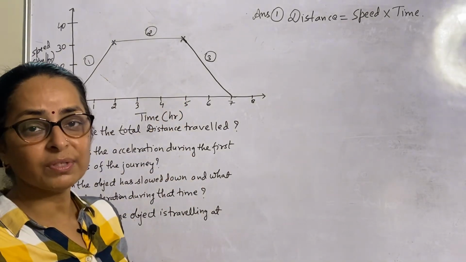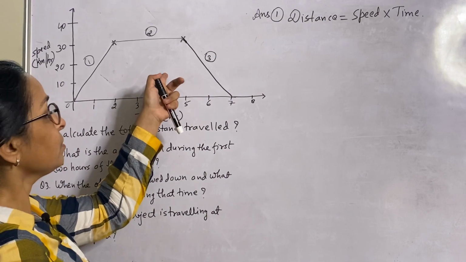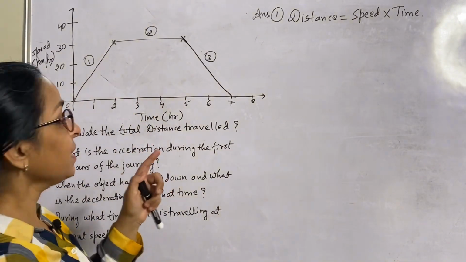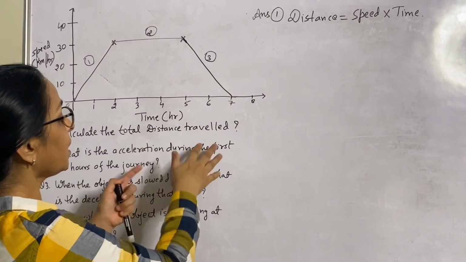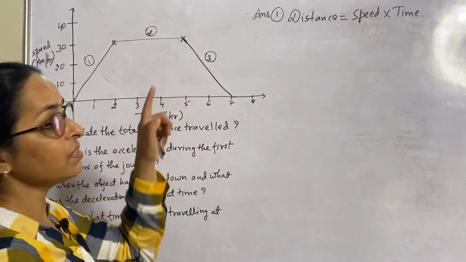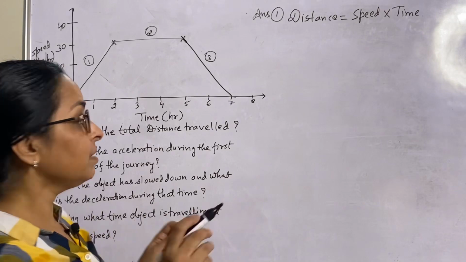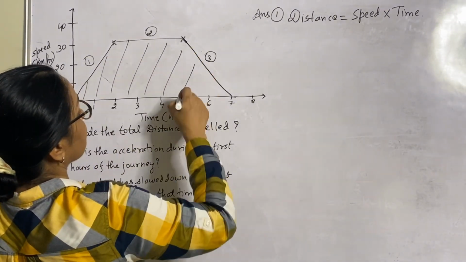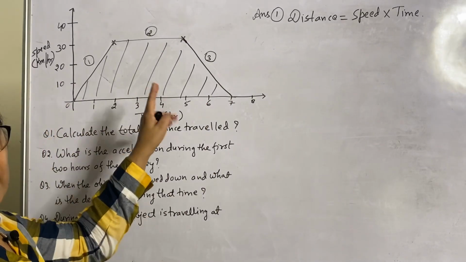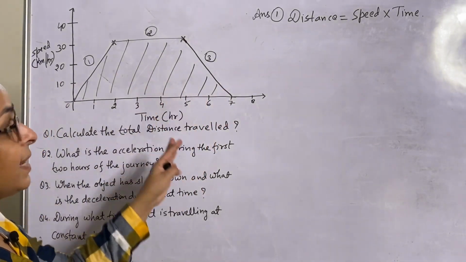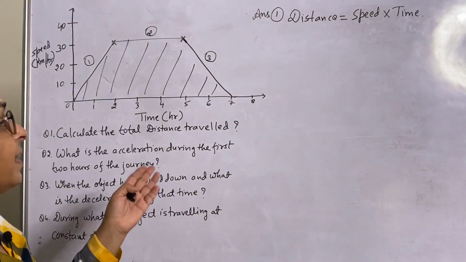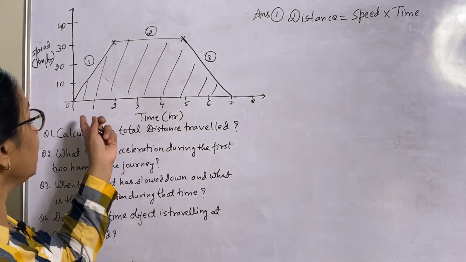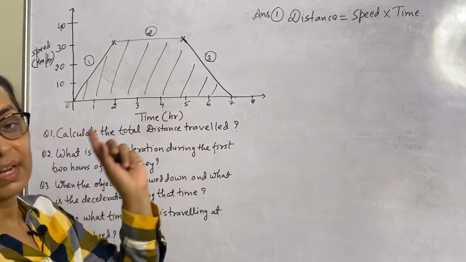You can find the area of the trapezium, because area means speed into time. So the area under the graph would give you the distance travelled. This whole area we have to calculate, and that would give you the distance travelled by the vehicle or object in this 7-hour journey.